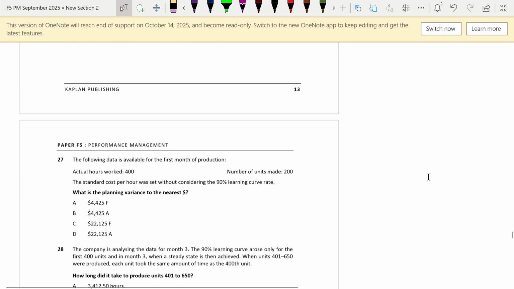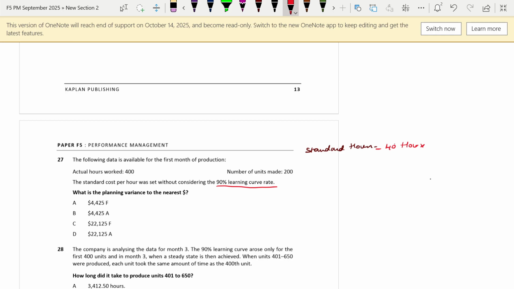Now standard hours are how much? Standard hours are 40 hours. They say it is a learning curve.